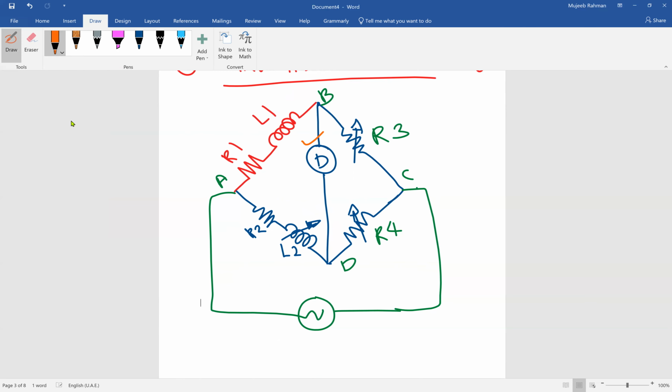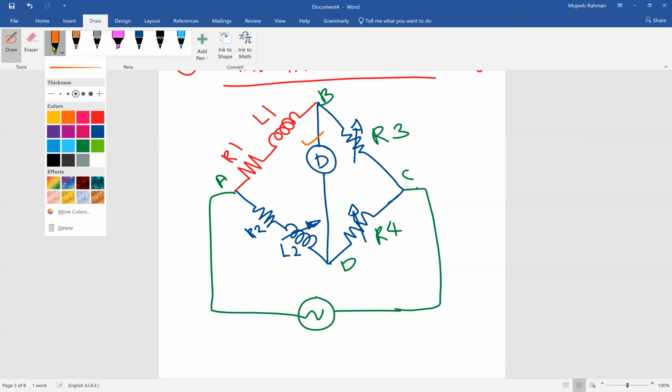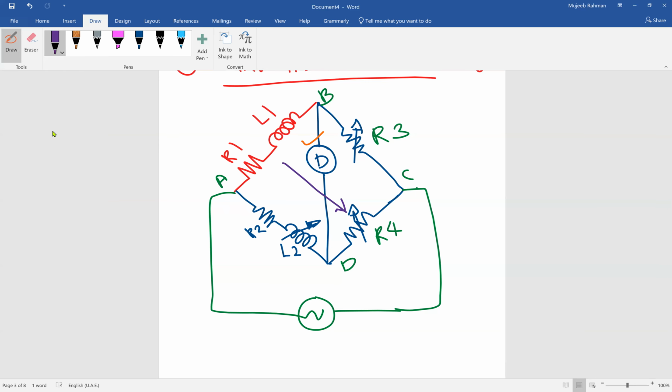So we have a detector connected here, and the null value or zero value of the detector indicates the balanced condition. When the bridge is balanced, we can equate the product of the impedances in opposite branches, which means we multiply the impedances of these two branches and equate them to the product of the impedances of the other two branches.